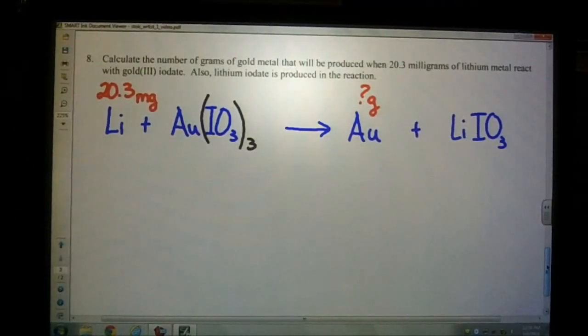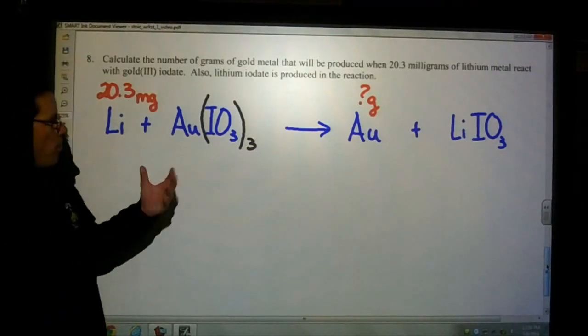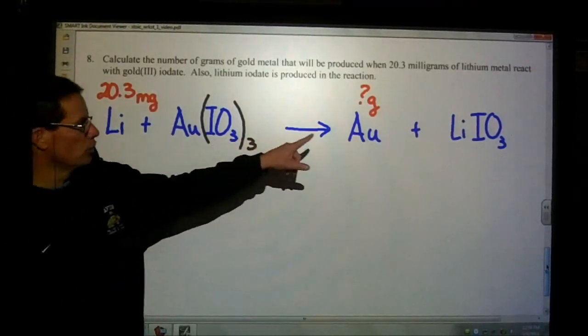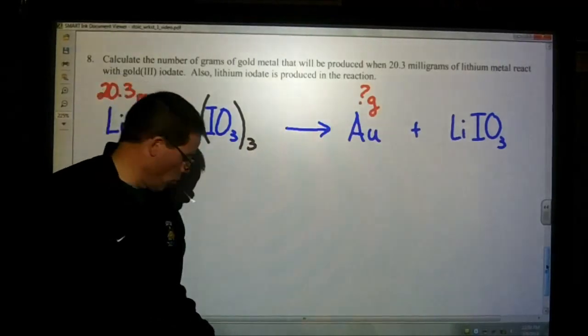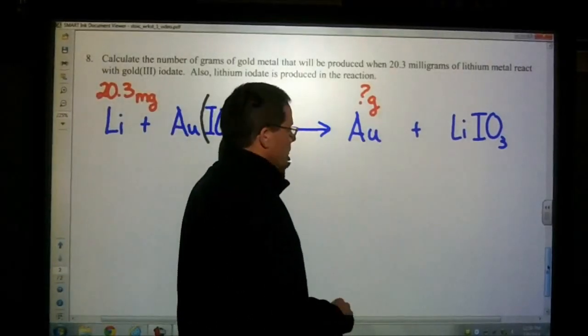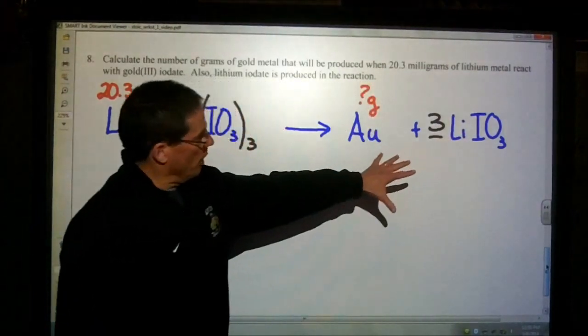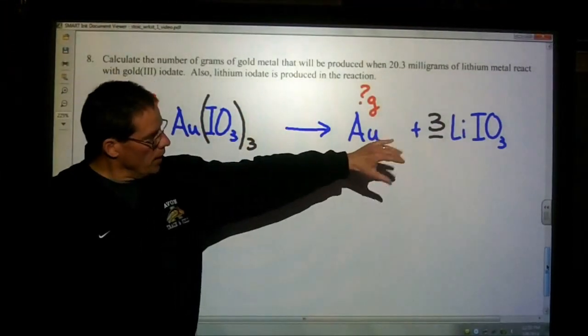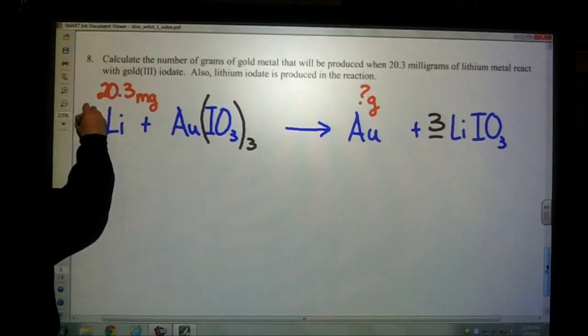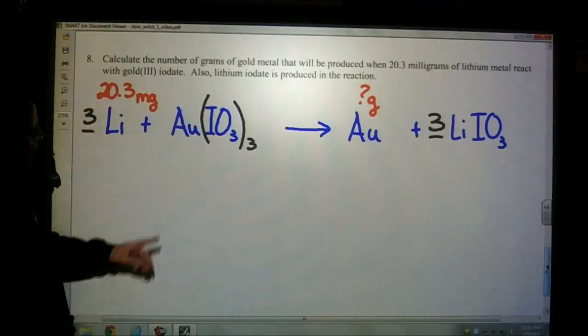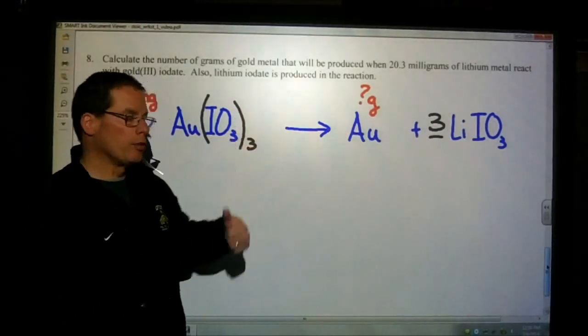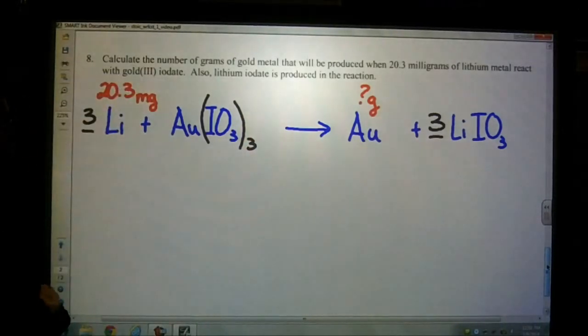Okay, so that's everything. Let's balance this out. Obviously we're not balanced since we have 3 iodates here and 1 over there. So let's put a 3 there. So now I've got the same number of IO3s, 3 iodates. Now I need 3 lithium, and 1 gold. So step 1, the equation is balanced.